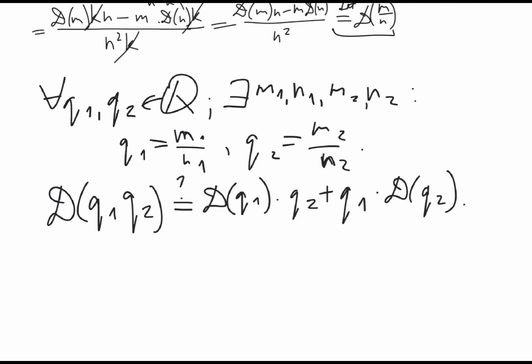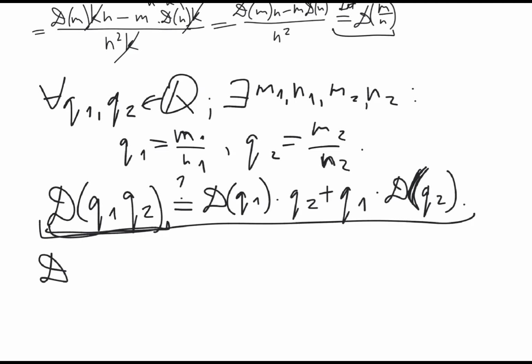So we need to prove that this holds. This is the product rule for rational numbers. So basically let's expand. We start from the left hand side and we will arrive at the right hand side.